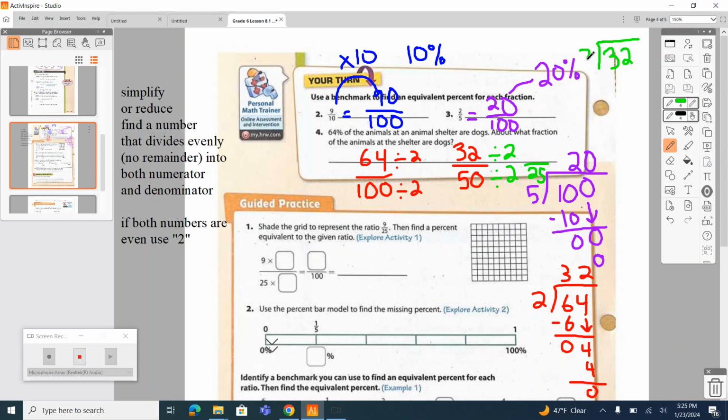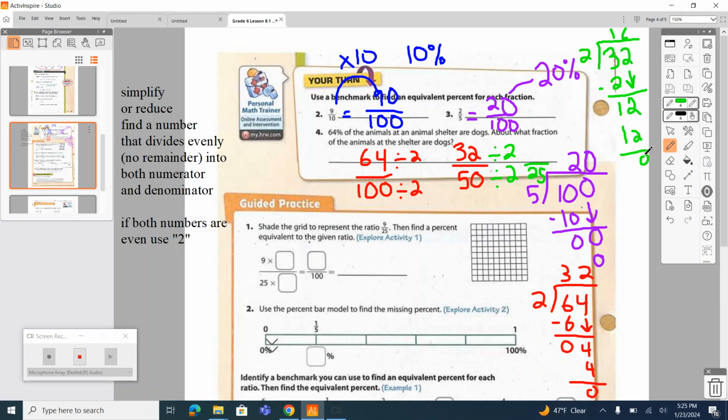So 2 goes into 3 one time, and 1 times 2 is 2. And we're going to subtract. 3 minus 2 is 1. I'm going to bring down this 2. And 2 divides into 12 6 times, because 6 times 2 is 12. Okay?